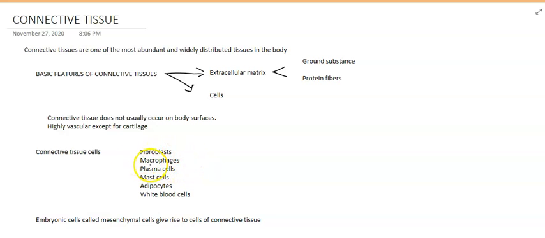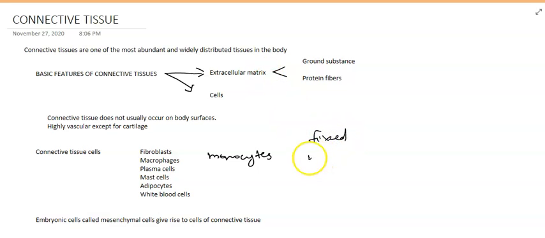These macrophages play a very significant role in our immunity. Macrophages develop from monocytes, which are a type of WBC. Macrophages are of two types: fixed and wandering.